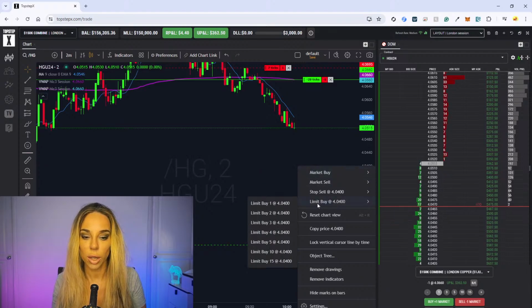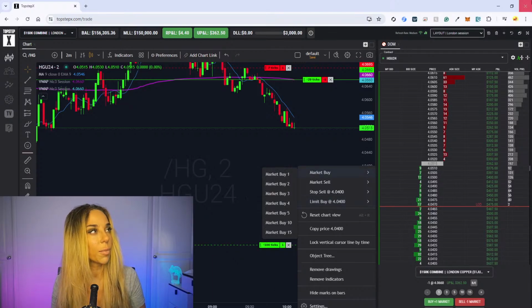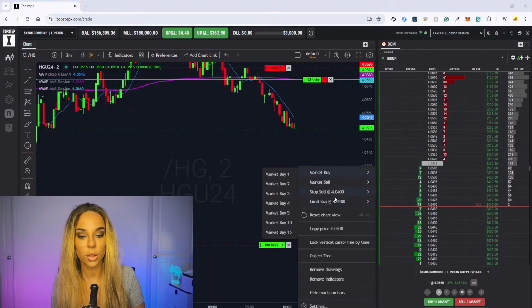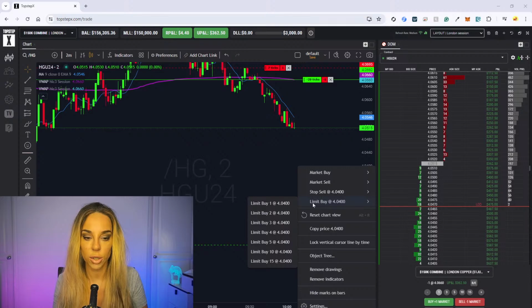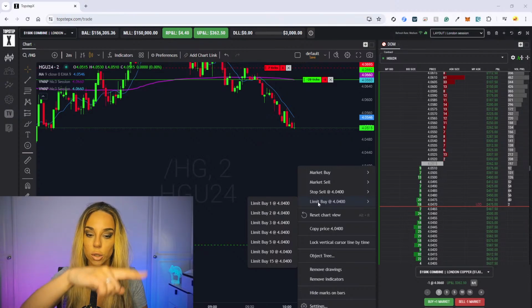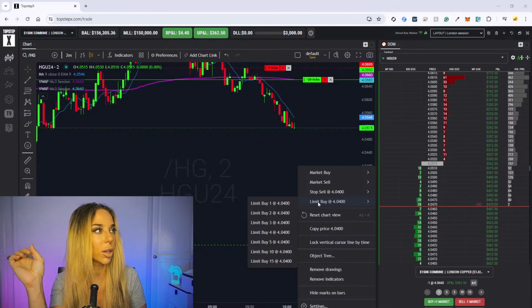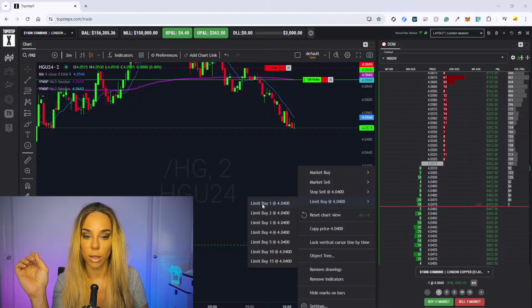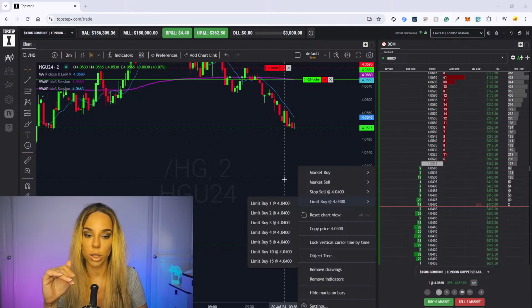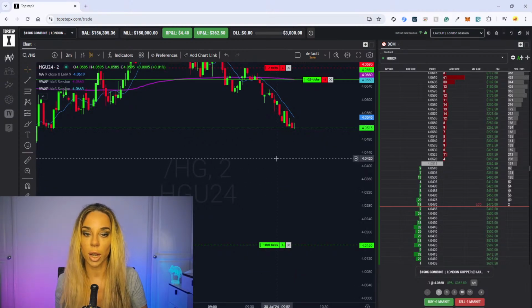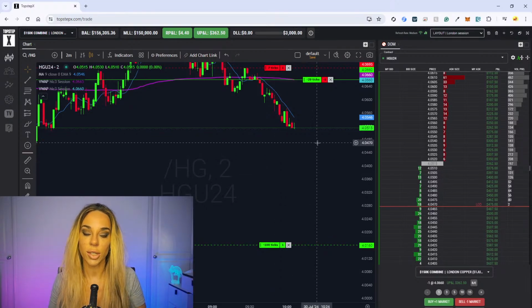What you would do is set the size of the contract that you want to exit. So you see this limit buy. If you're in a short, it's always going to be the opposite order, right? So if you want to scale out of 1, limit buy at the price where you want to exit, and you can just partial those however many times you want to exit at price points of interest. So that's the easiest way.